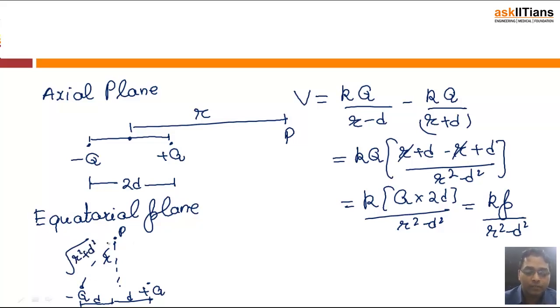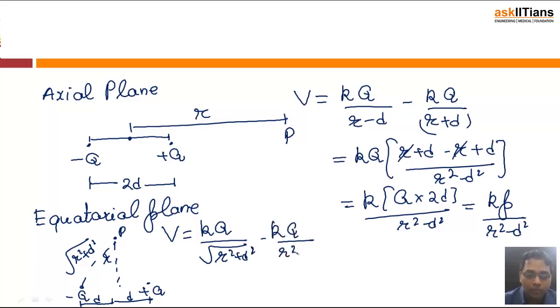You find the potential due to minus q and due to plus q. Both distances are the same, mind you. So V equals kq over the square root of r square plus d square, minus kq over the square root of r square plus d square. Using this, we can find the value in an equatorial plane.